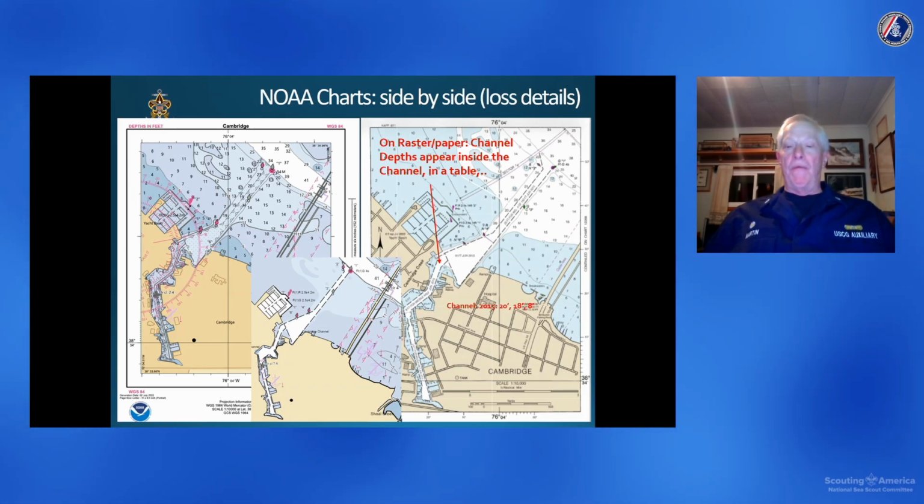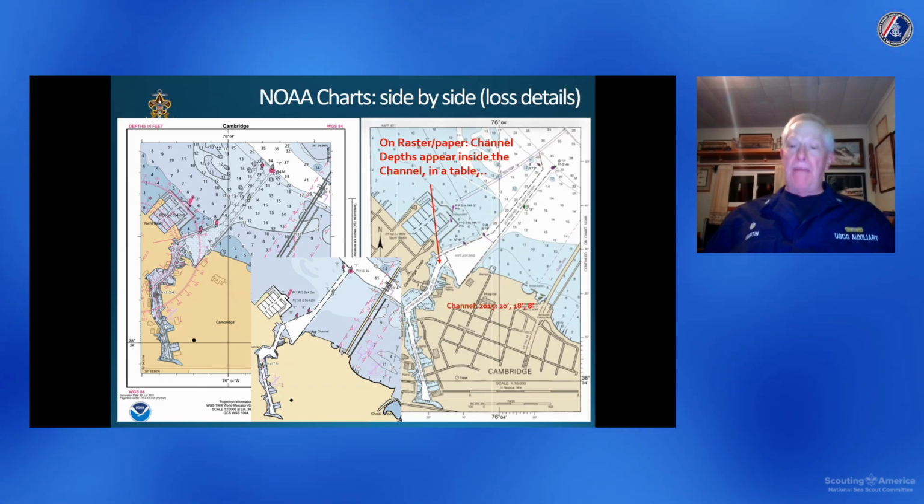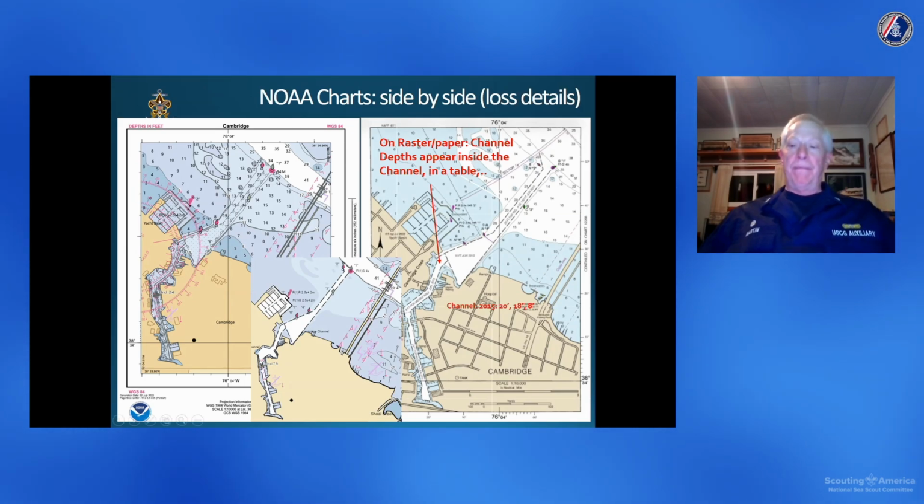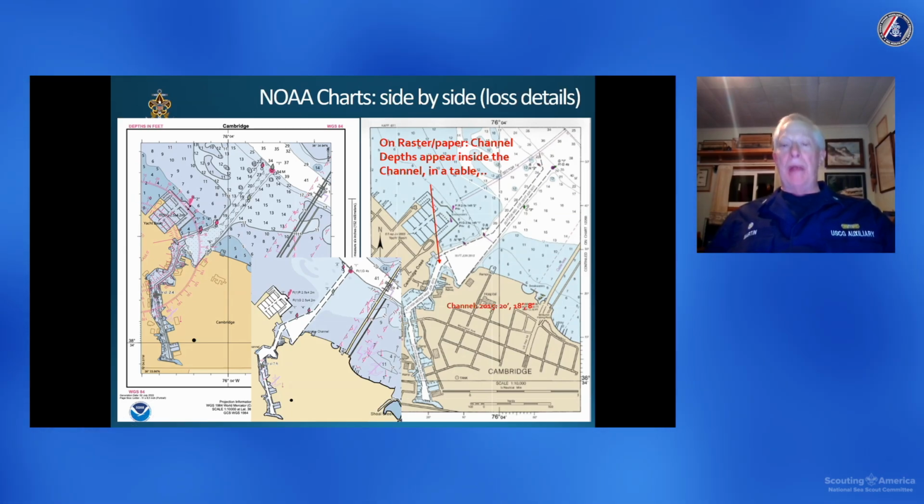The product on the right is the actual old paper chart. And if you look at the channels leading into the harbor, you'll see that the old raster or paper chart has depth associated with those areas.